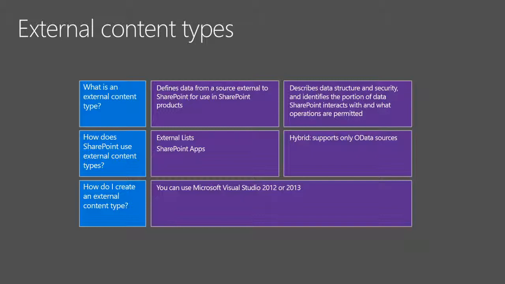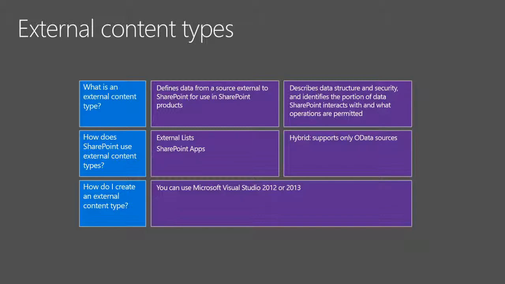Once we have this external content type defined and created, we can use that in some way. It can be implemented in SharePoint using an external list to surface that data back in SharePoint, or we can bring that data back to SharePoint using an app. And hopefully we'll show you two different examples throughout the course of this session.